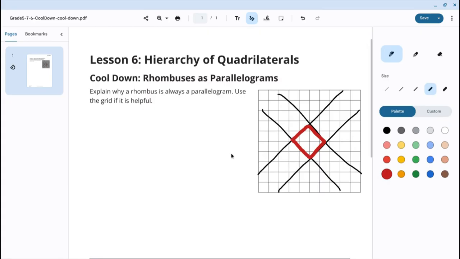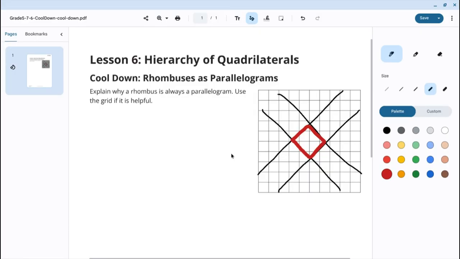Now, of course, when we do this drawing with our hands, especially when I'm doing it on a Chromebook touchscreen, it's not perfect, but we see it clearly enough to communicate the point that we need to. This rhombus is a parallelogram because we see those opposite sides are parallel, right?